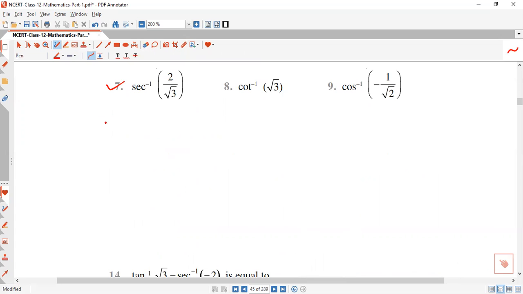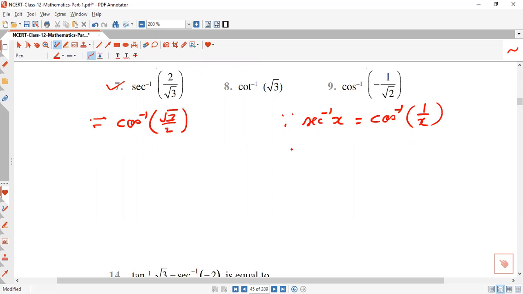So to convert this function, since we know sec inverse x equals cos inverse 1 upon x, this part will be equal to cos inverse root 3 by 2. Since we know cos pi by 6 equals root 3 by 2, this value will be pi by 6. So pi by 6 will be the answer for this part.